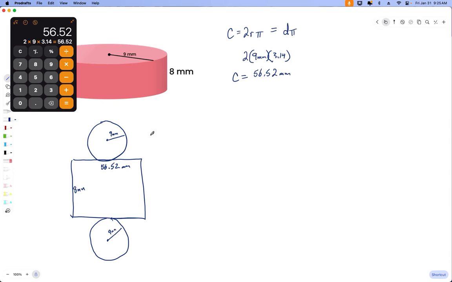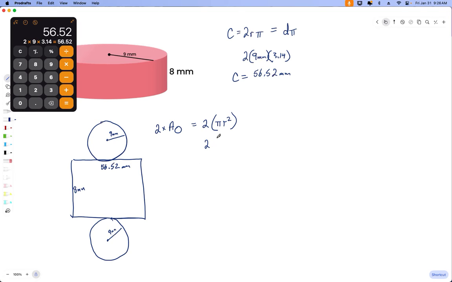I'm going to say the area of the circle, we have 2 times that area of the circle because they are the same radius, which makes them identical. So we are going to say 2 times the formula for the area of the circle, which is pi times the radius squared.